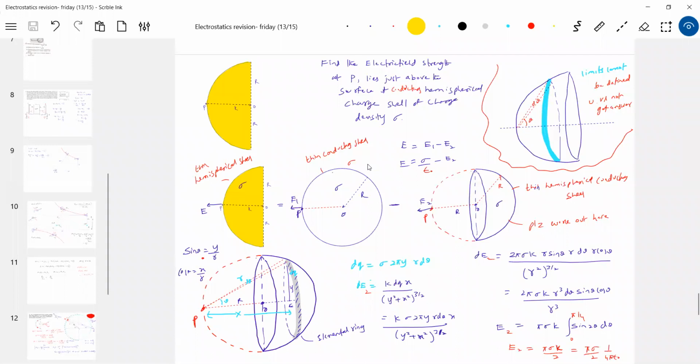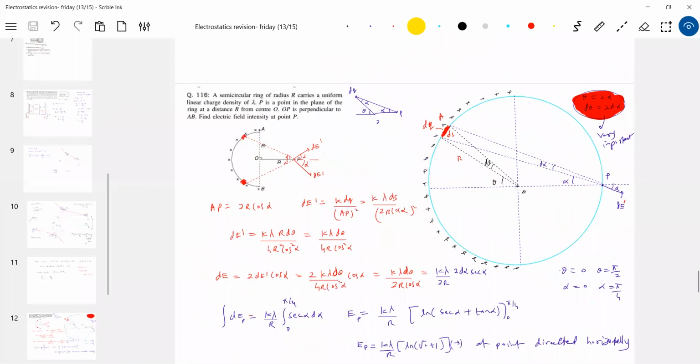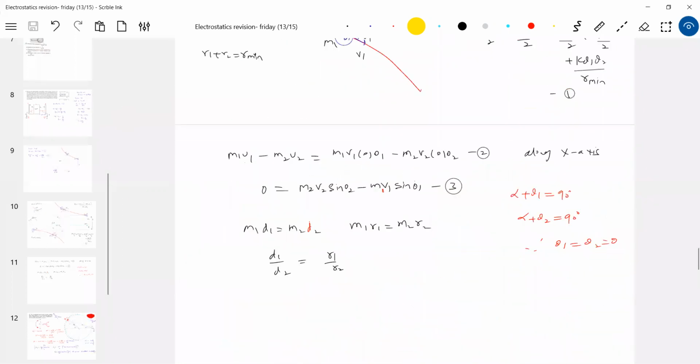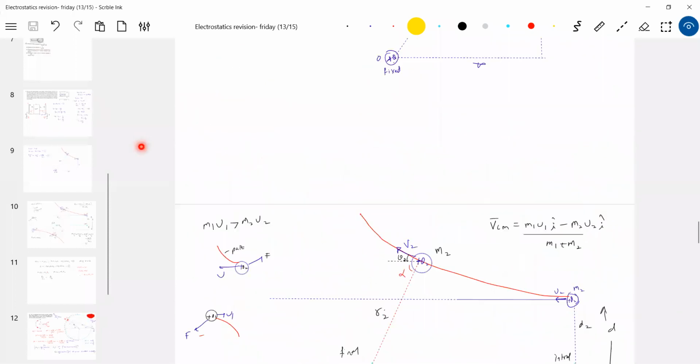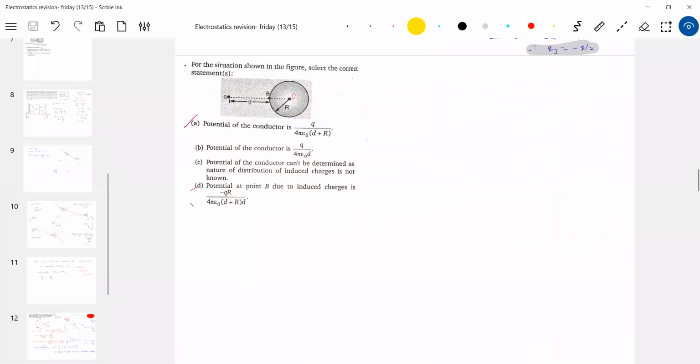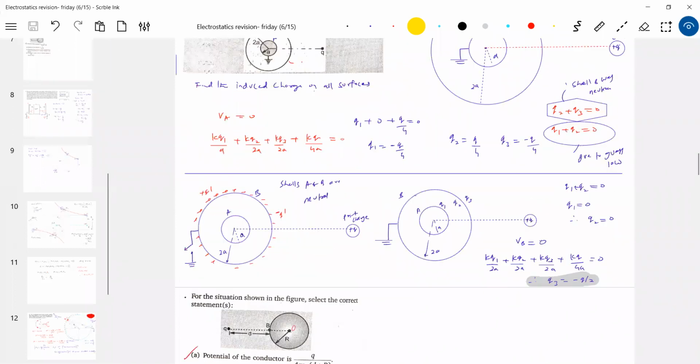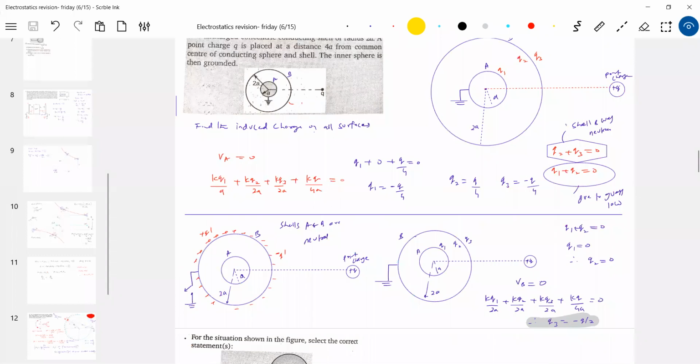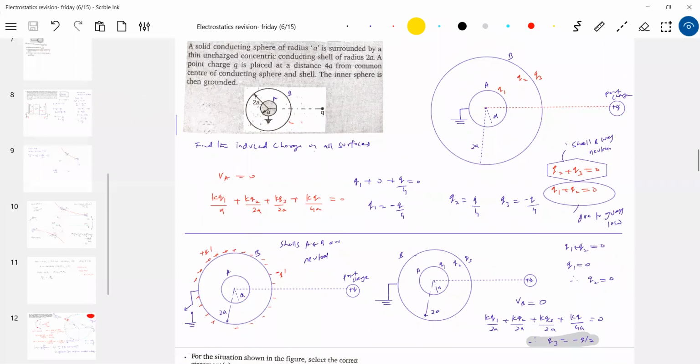Sir, can you open the previous question, the metal plate sum? Previous of that, sir. This one. Sir, why can't we say directly that plus Q charge will be induced on plate B? You can't bring your own rule, no? There is some basics which you have to follow.